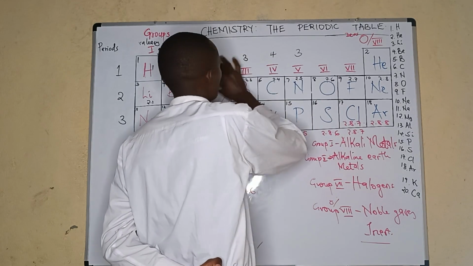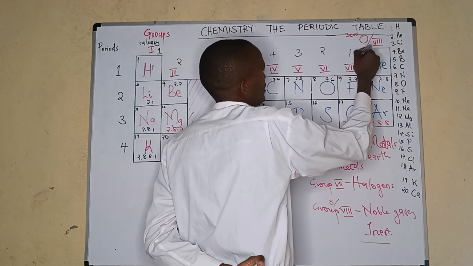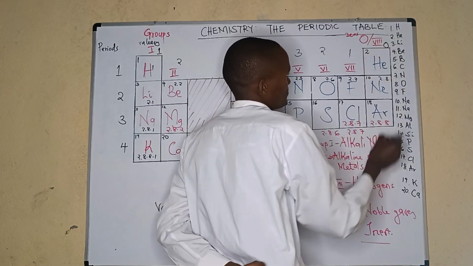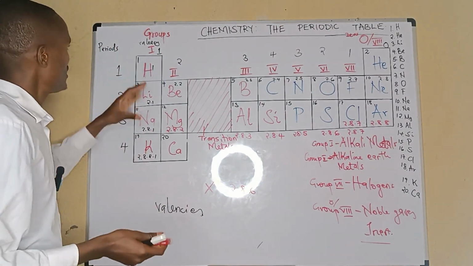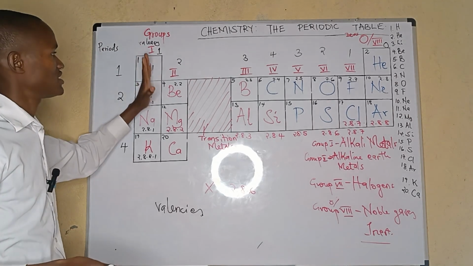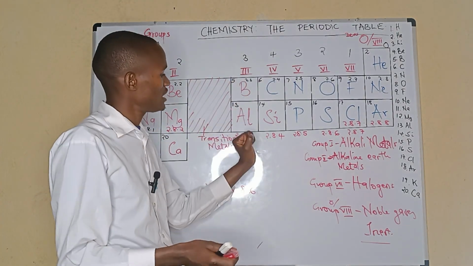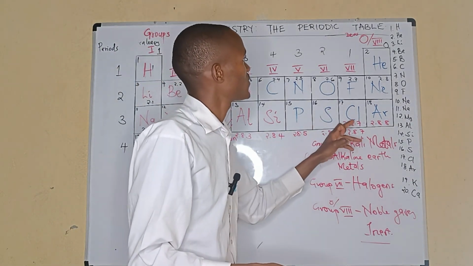So I went 1, 2, 3, 4, 3, 2, 1, 0. They are rated 0. So there's a relationship also in the periodic table: those of group 1 have a valency of 1. All those of group 2 have a valency of 2. Group 3 have valencies of 3, then 4, 3, 2, 1, 0.